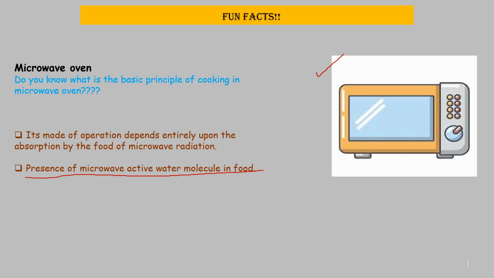As water or OH groups are abundantly present in food, they easily interact with microwave radiation, but as rotation is restricted within the food, the water cannot rotate freely. That's why it produces heat, and the heat released due to this restricted rotation is used for cooking. In this way, in a microwave oven, food is cooked.